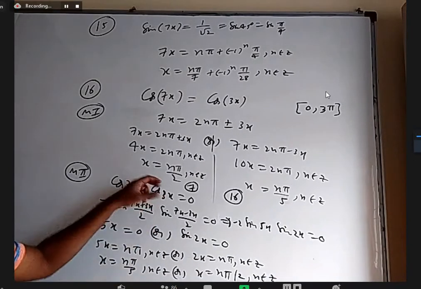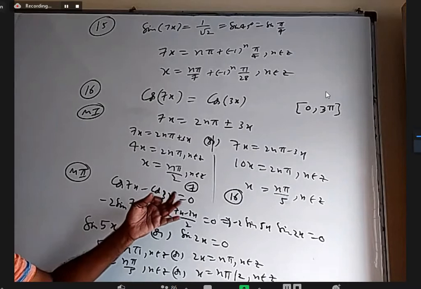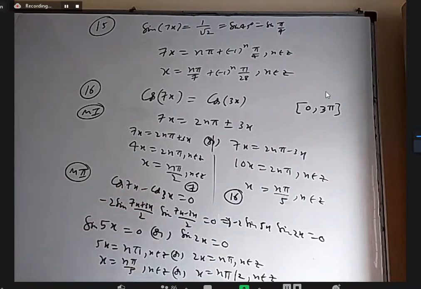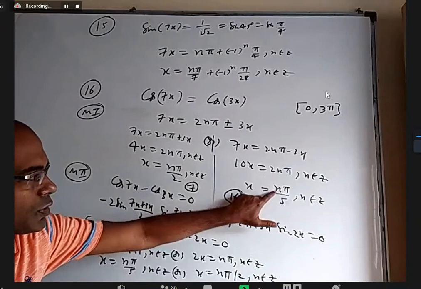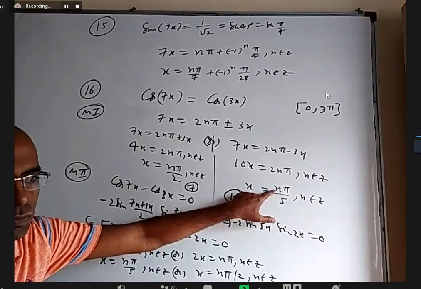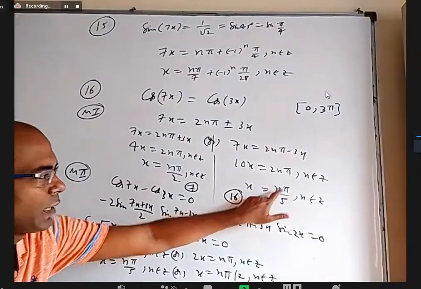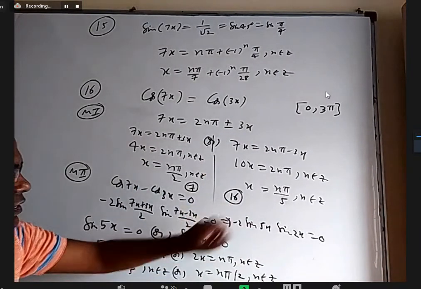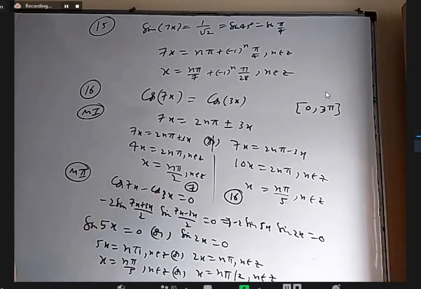Why? 0, pi by 2, 2 pi by 2, 3 pi by 2, 4 pi by 2, 5 pi by 2, 6 pi by 2. I cannot go to 7 pi by 2. This alone will give you 0, 1, 2, 3, 4, up to 15. If you take 15, pi by 15 will be 3 pi. So 0 to 15, that's why 16 solutions. So 0 to 6, that's why 7 solutions.